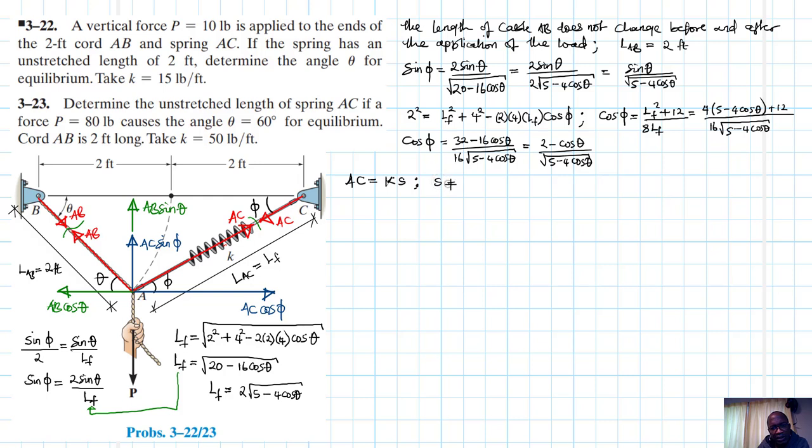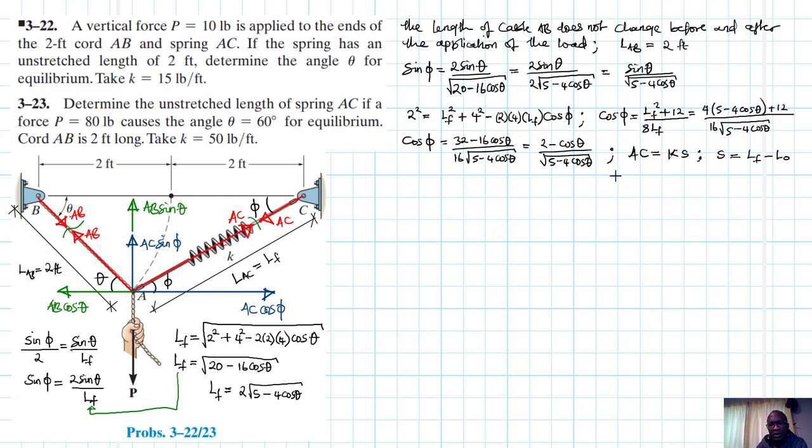We know that S is just equal to L final minus L original. I think we can fit them here so that we save space.